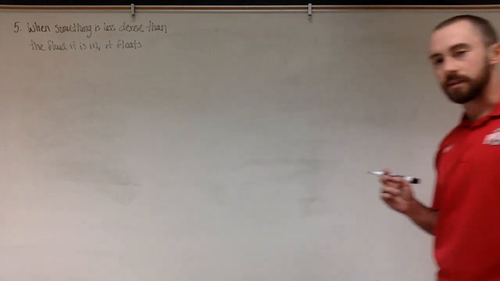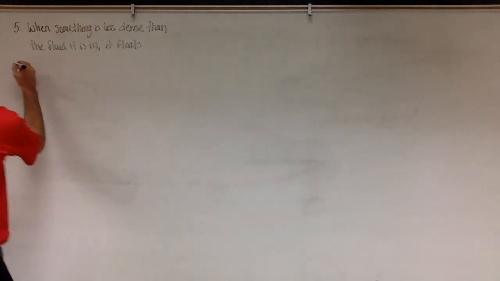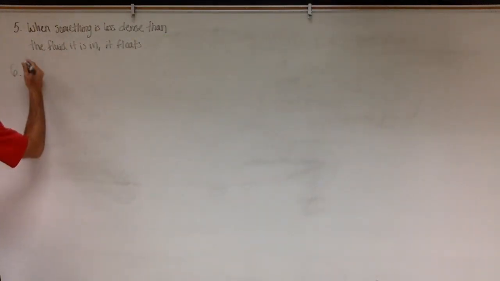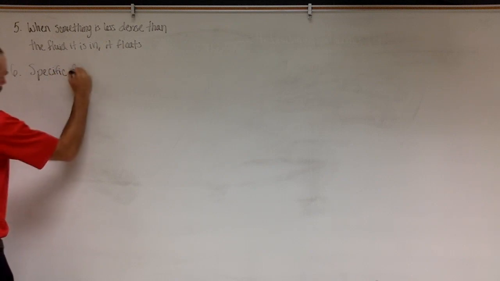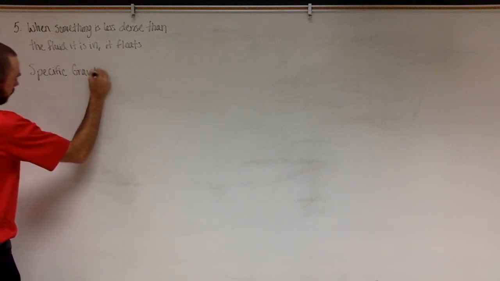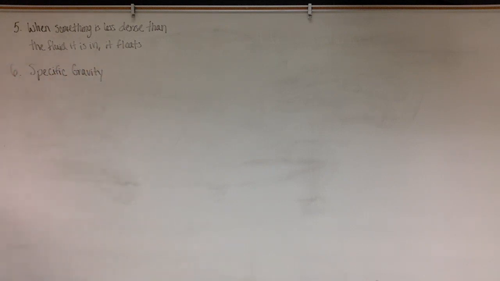Same idea. So instead of trying to memorize a bunch of densities, we found an easier way to do that, and it's what's called specific gravity. So in the case of specific gravity, what we're looking at is how something's density compares to that of water.